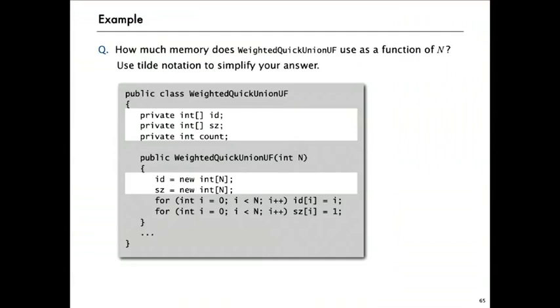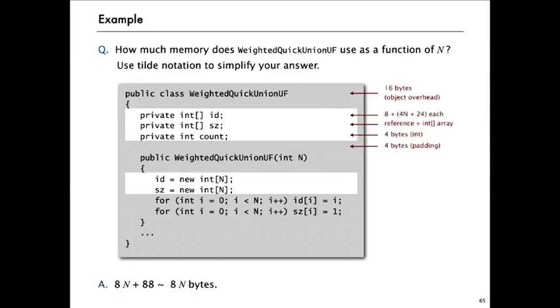So as a simple example of memory use analysis, let's take a look at how much memory our weighted quick union UF function from a few lectures ago uses as a function of n. There are only a couple of memory elements, and each one of them is easily analyzed using the basics that we just gave. It's an object, so there's 16 bytes of object overhead.